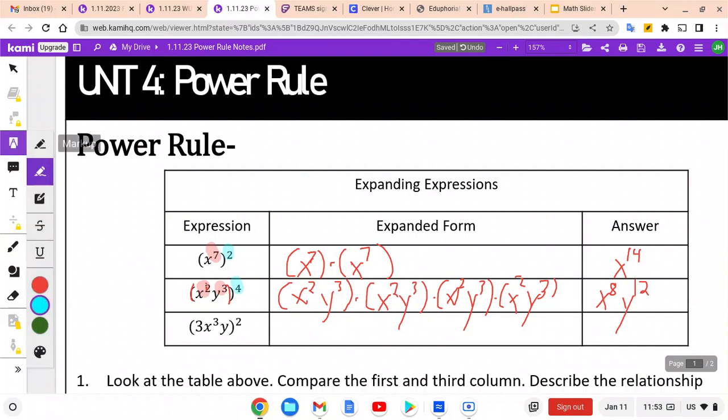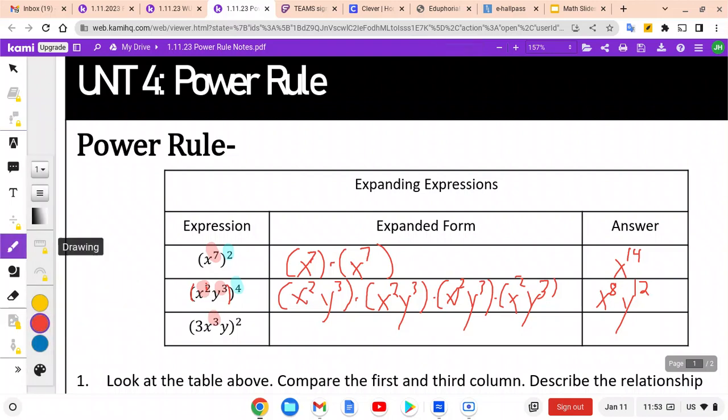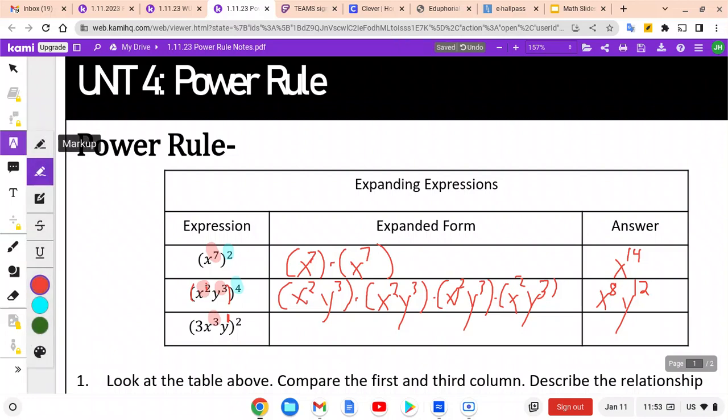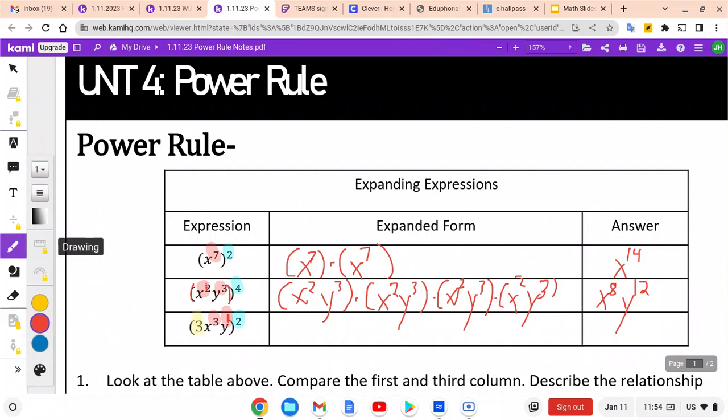All right. Again, we have an inside power. And you might notice that y has the invisible 1. So 1 is the inside power, 2 is the outside power. And then we got a special case of a coefficient. So this is getting written out twice because the outside power is 2.